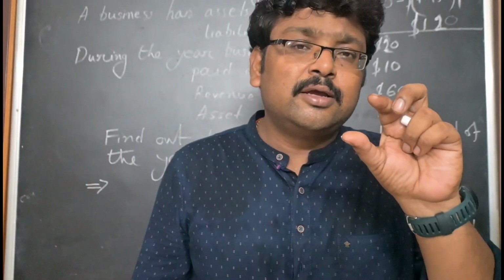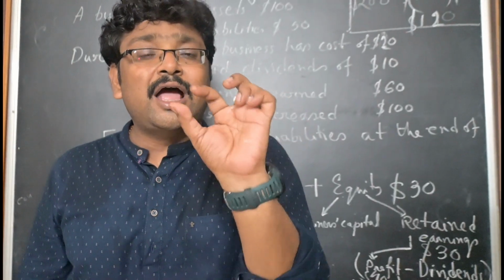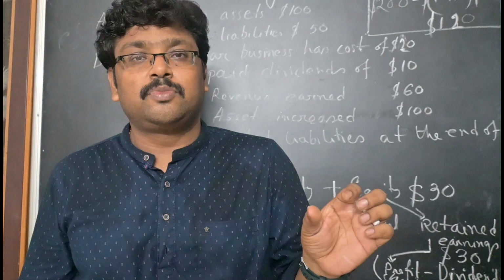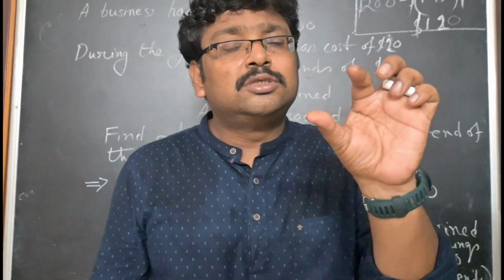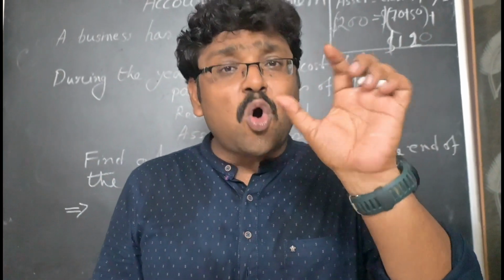In the beginning, the asset is $100 and liability is 50, so equity is 50. Some information is given, that is the dividend, profit, and cost.